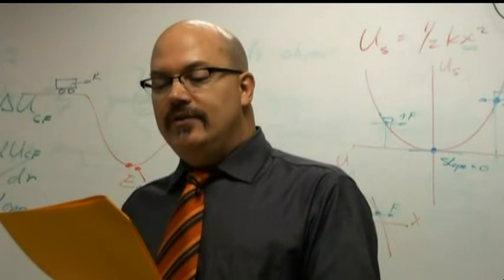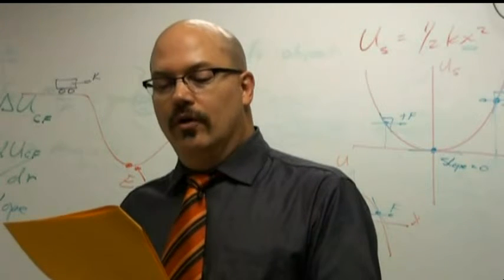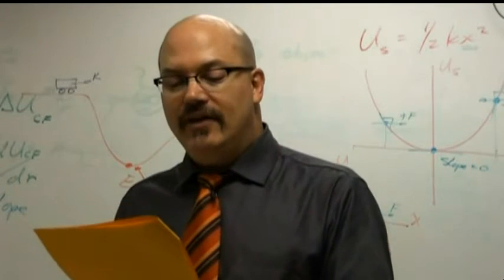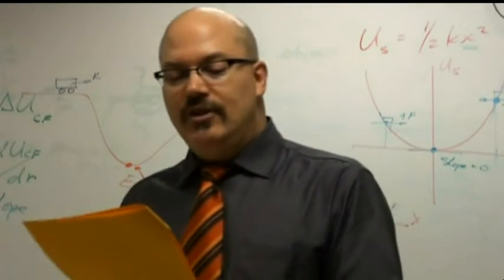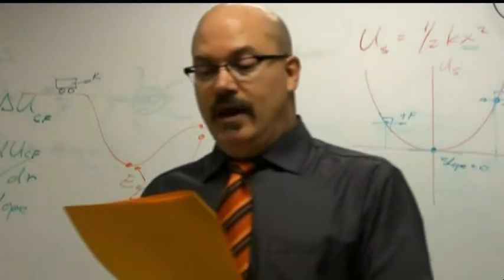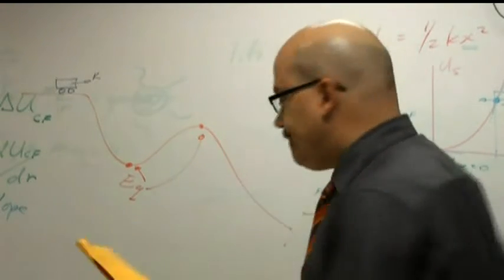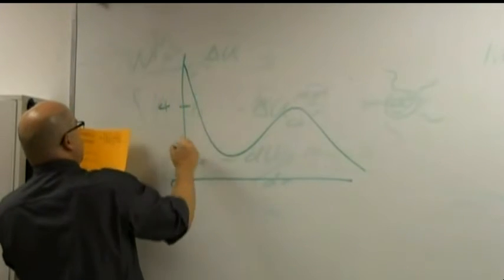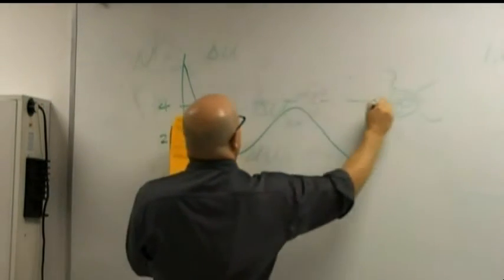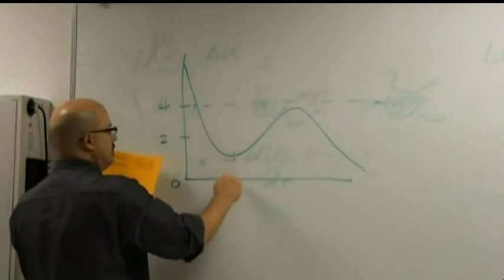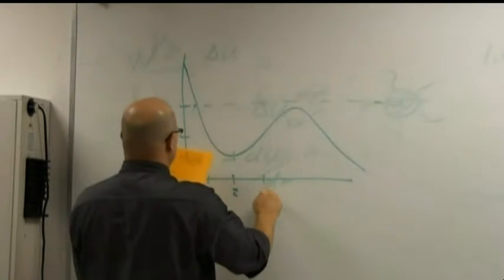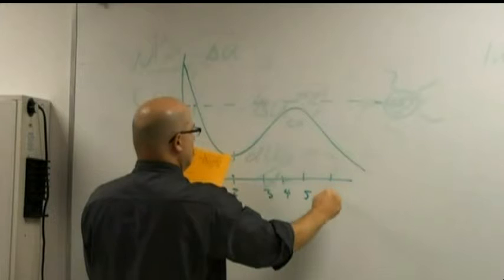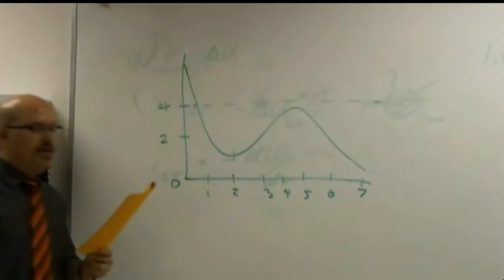Suppose the particle has a constant total energy of 4 joules, as shown by the dashed line. Determine the kinetic energy of the particle when it's at 2 and when it's at 4 meters. All right, looks something like this.